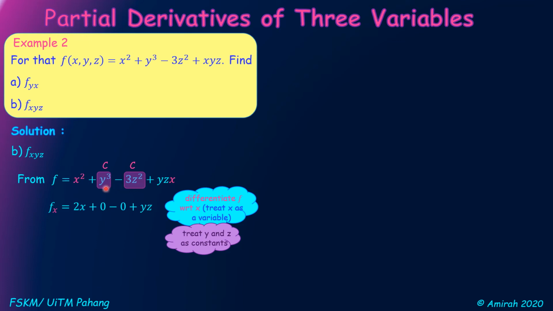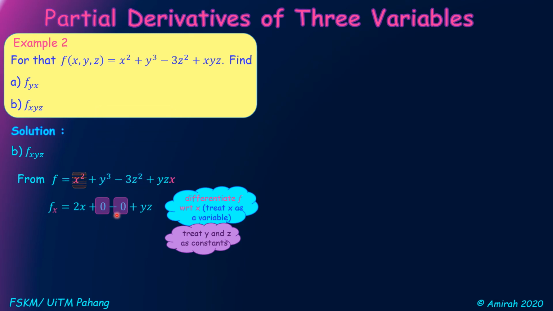When we differentiate a constant with respect to x, the answer equals 0. So the same goes for y cubed and 3z squared. These are constants, which means that when we differentiate them, the answer equals 0.